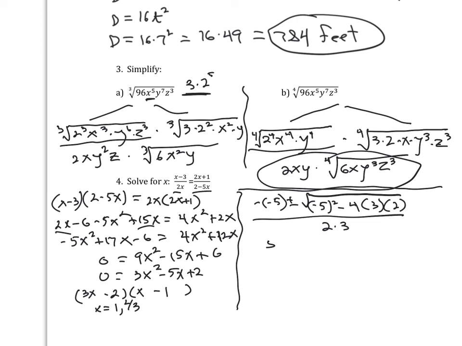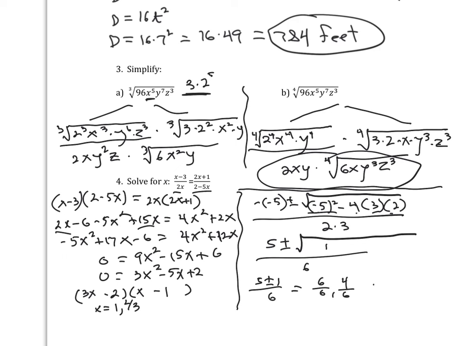That would give us 5 plus or minus the square root of, and we're going to get negative 5 squared is 25, 4 times 3 times 2 is 24, so we end up with just the square root of 1 all over 6, which gives us 5 plus or minus 1 over 6, which means we get 6 over 6, or 4 over 6, which is equal to 1 and 2 thirds. Same thing that we got back here, fortunately.